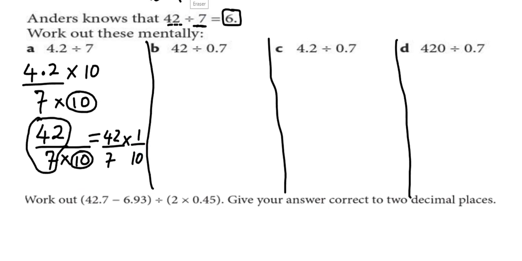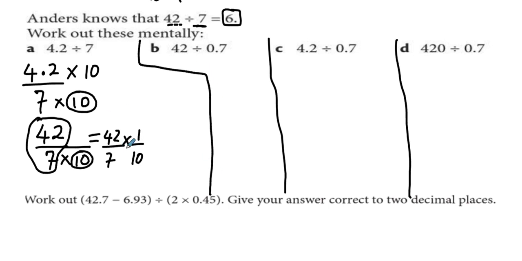All right. Let me first remove this one so that I can get enough space. Okay, go that way. Right. Now, can you see this? This suggests 42 divided by 7. But what is 42 divided by 7? The answer is 6.